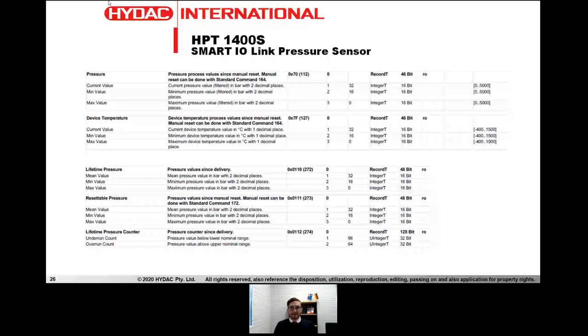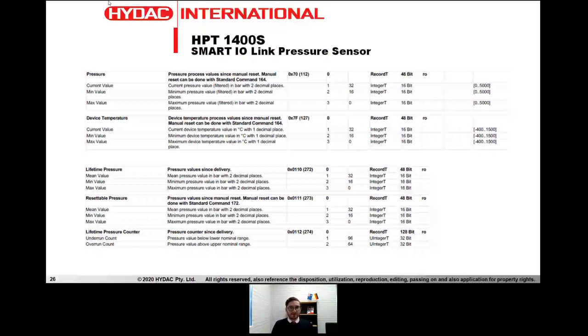And this is a description of the data that you can receive from the sensor. So you can have a look here. It's like the pressure value. You can see that you can read the current value of pressure within 2 decimal places. So an interesting thing is you're reading this as the actual bar value of the pressure range.